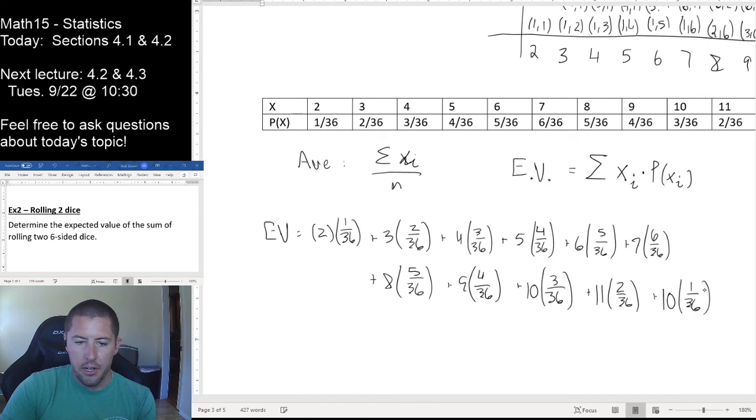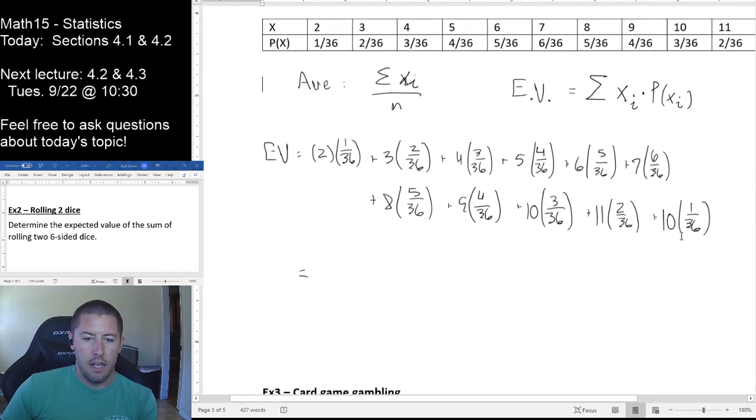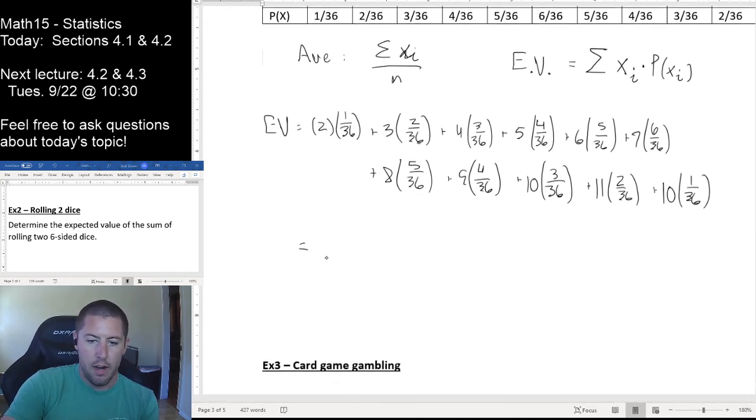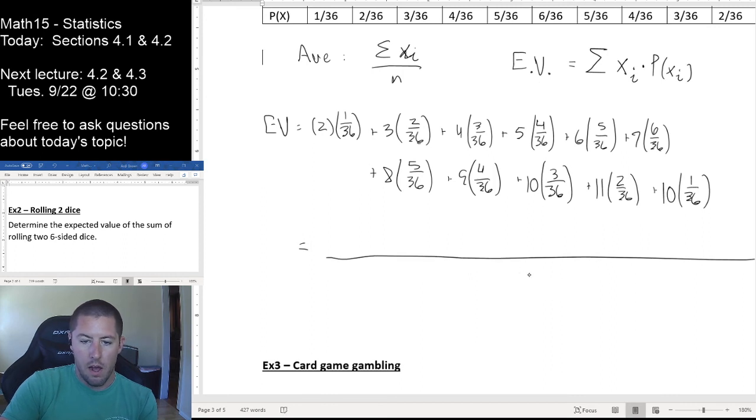So what I want to do now is do all this addition here. You should notice all of these have a common denominator of 36. And so I just want to get all of my numerator parts added up. So all these 11 terms over 36.